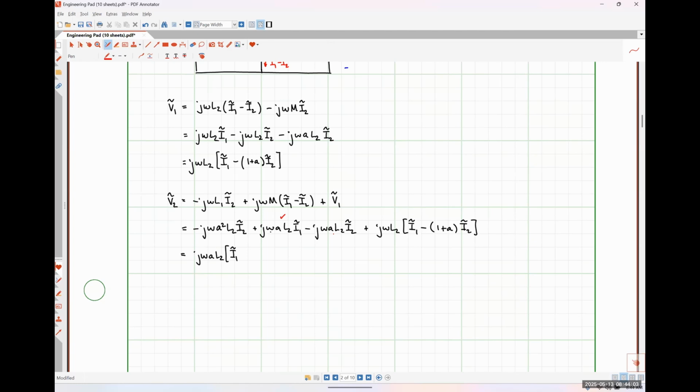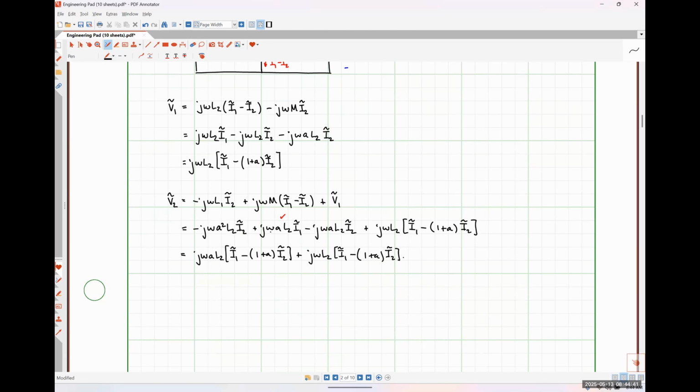Now this term is just an I2, and this one is going to look like A times I2. So I'm going to have minus, once again, 1 plus A times I2. And now I'm going to add that V1 term, so I'll have j omega L2 multiplied by I1 minus 1 plus A I2.